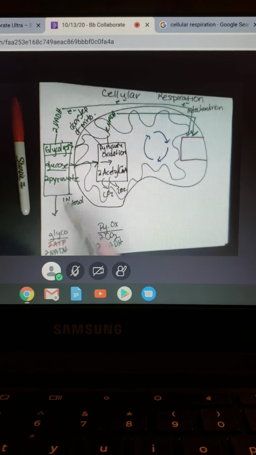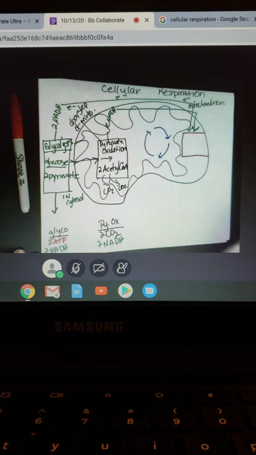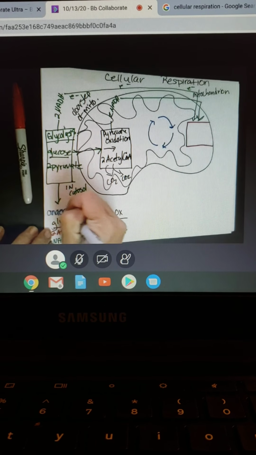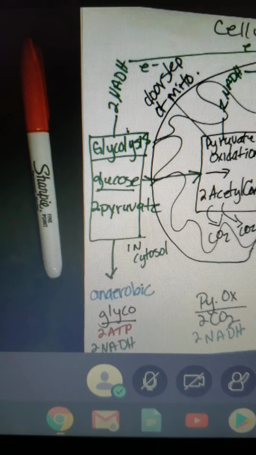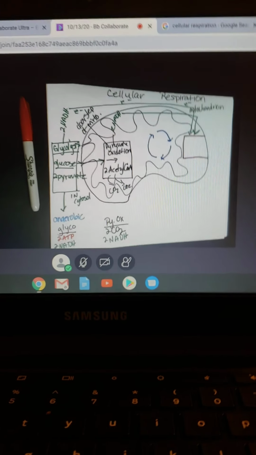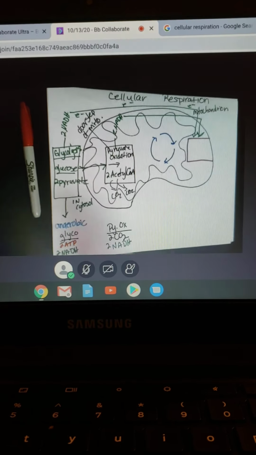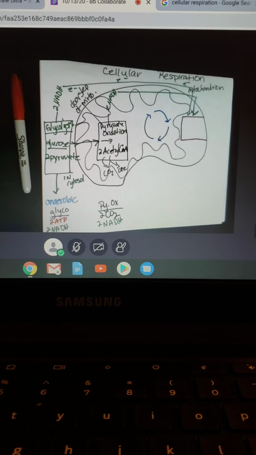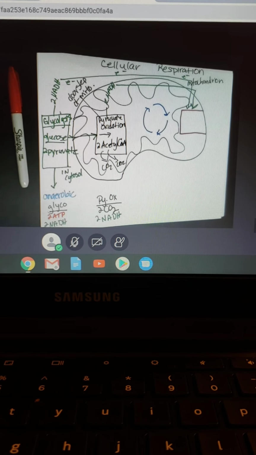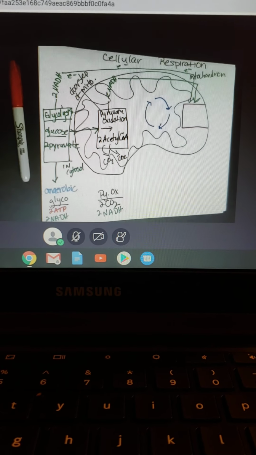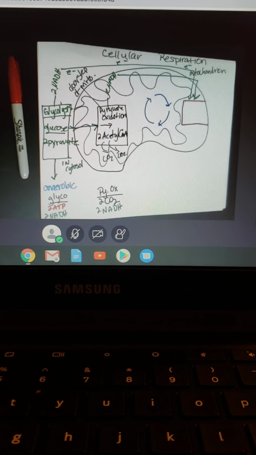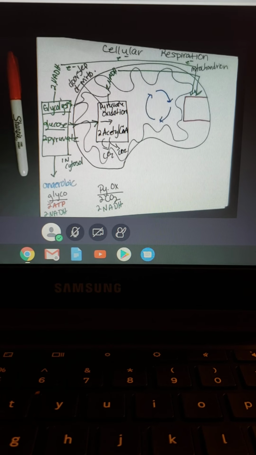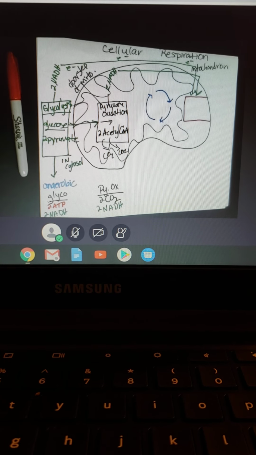All right, so glycolysis occurs in the cytosol, and it is anaerobic, all right? Anaerobic, which means what? What does it mean to be anaerobic? Glycolysis is anaerobic, okay? So that means what? What is aerobic? Jason? Taking in oxygen, okay?